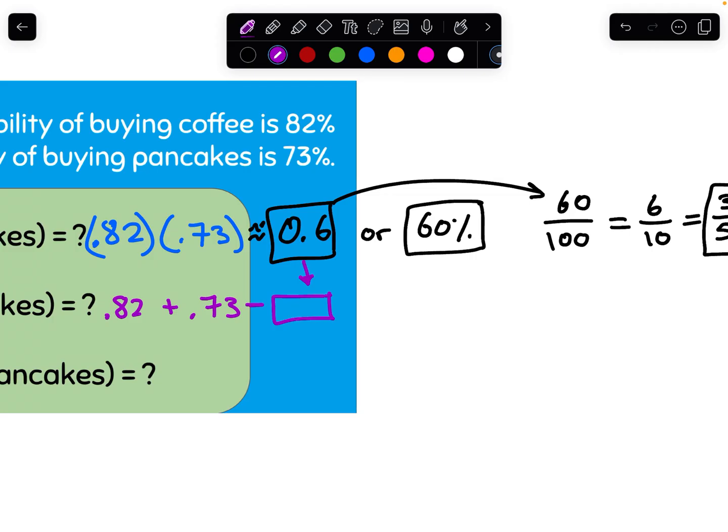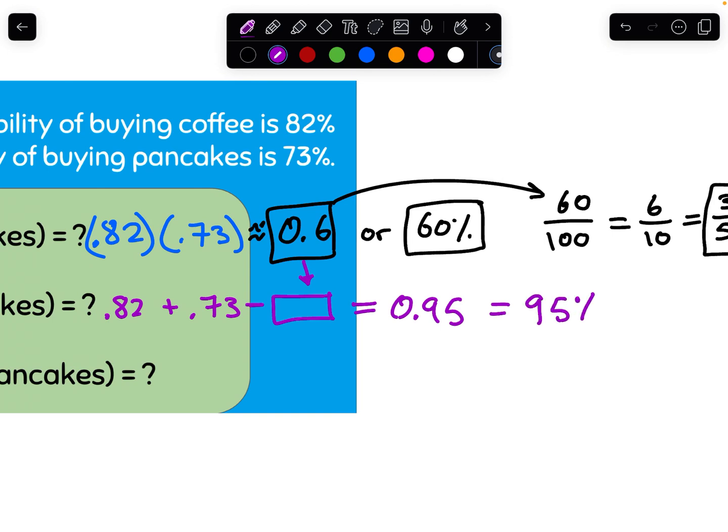If that ever happens, that means you did something wrong. So then you have to subtract the overlap, which is the product of the two, which was 0.6. And when we do that, I think you should get exactly 95%.